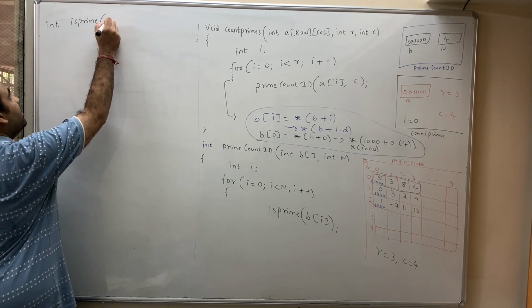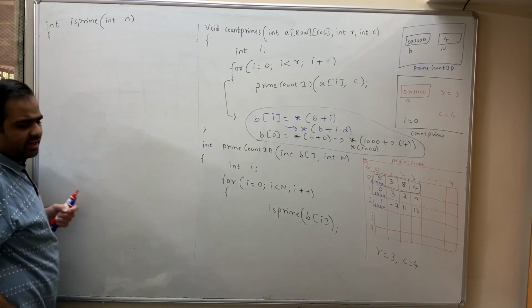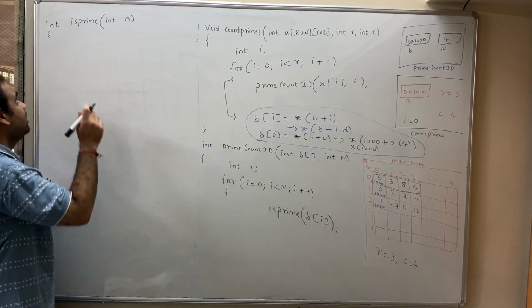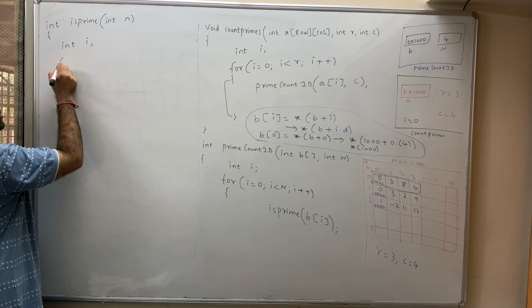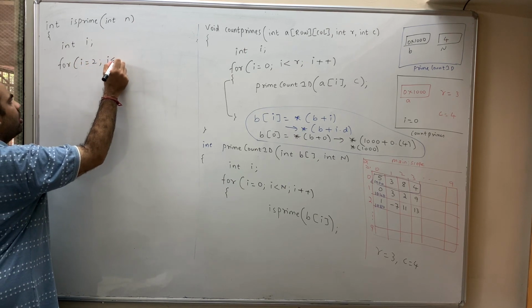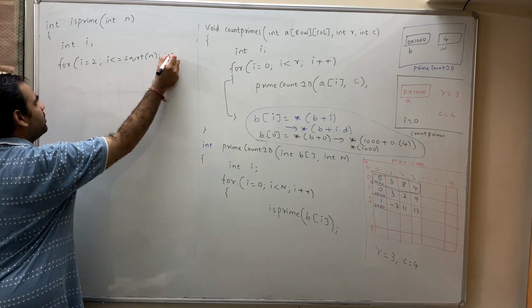Therefore it takes an integer as the input. And we know that a number is prime if there is no factor less than or equal to the square root of the given number. Hence you have to include math.h as well. We say int i, for i is equal to 2, i is less than or equal to square root of n, and then i plus plus.